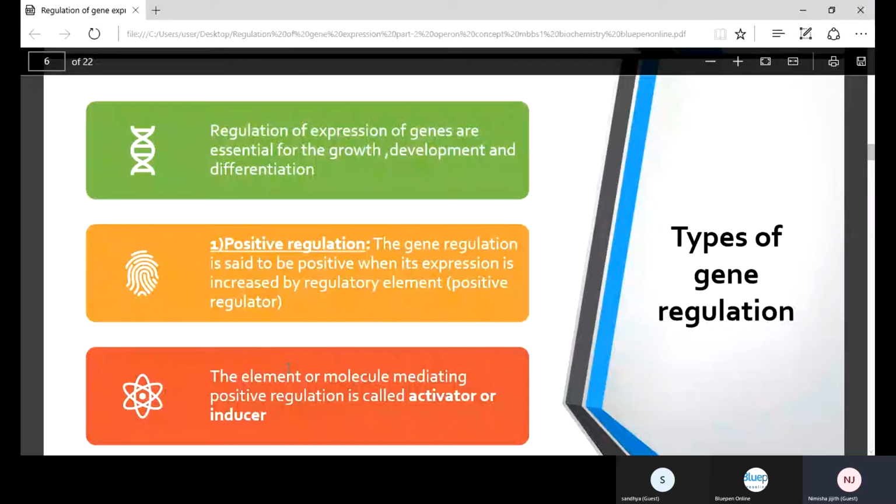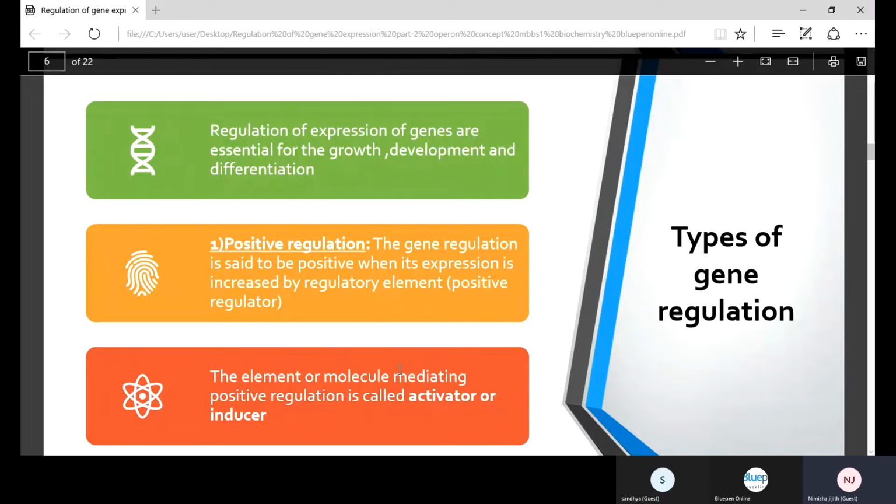There are 2 types of regulation, positive regulation and negative regulation. What is meant by positive regulation? Gene regulation is said to be positive when its expression is increased by a regulatory element.